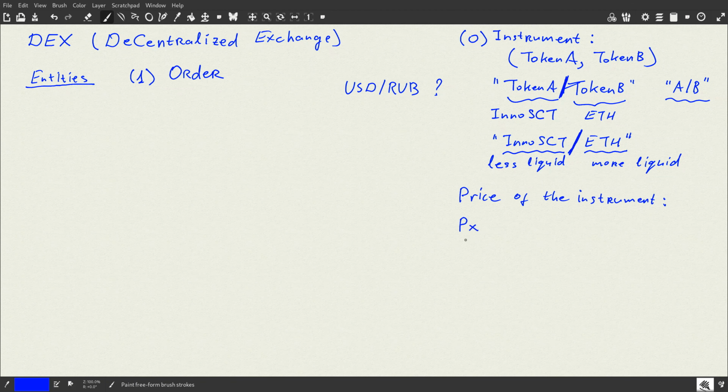Px is from the French prix, of AB. So what is the price of the instrument AB? This is the number of B units equivalent to one A unit.